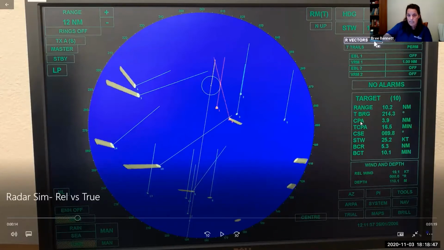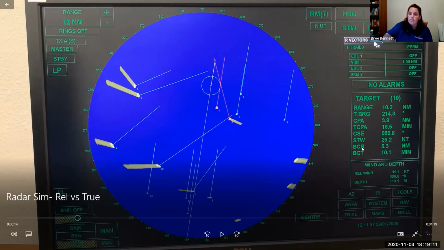So we can see that actually here. CPA is 4 miles for target number 10, which is this guy. So we could see his range and bearing, CPA, TCPA, its true course, its speed through the water.